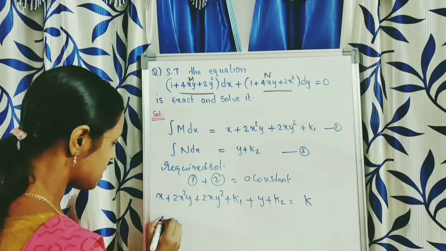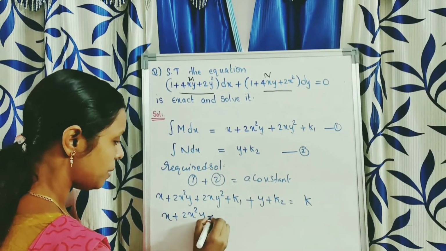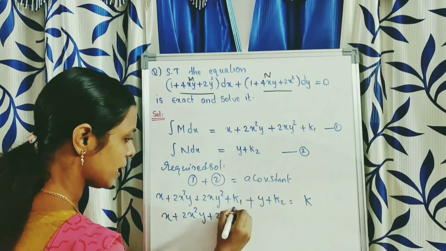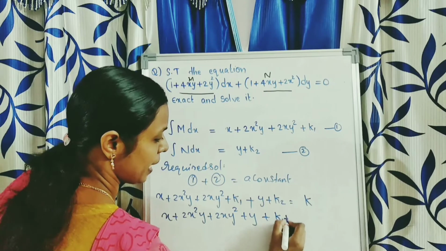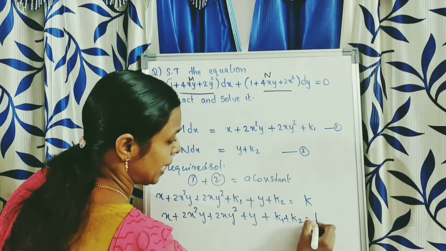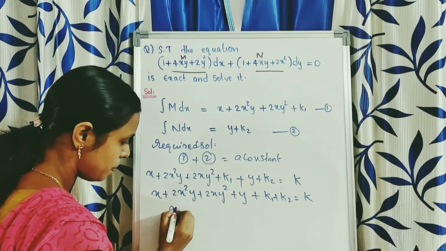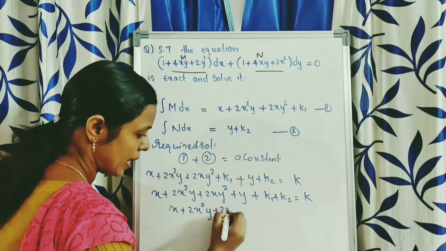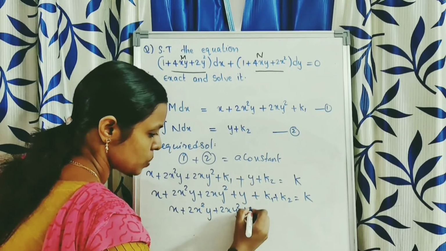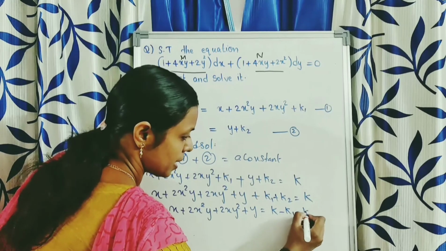Now we get x plus 2x square y plus 2xy square plus y plus k1 plus k2 equal to k. Now we can write it as x plus 2x square y plus 2xy square plus y equal to k minus k1 minus k2.